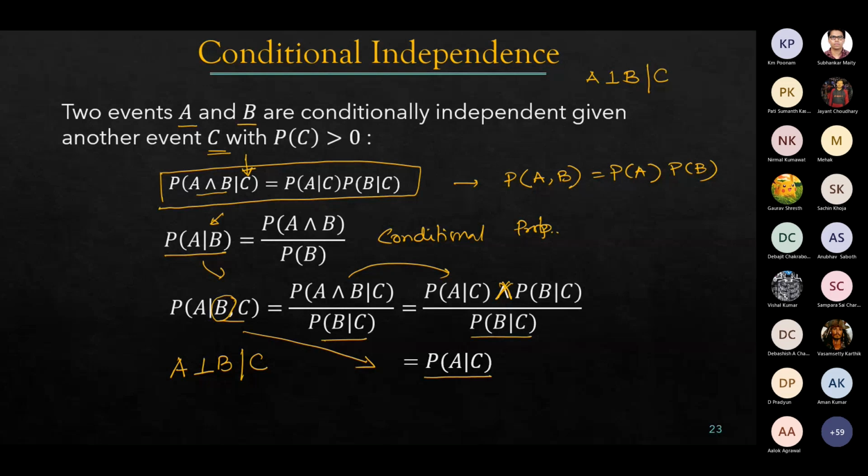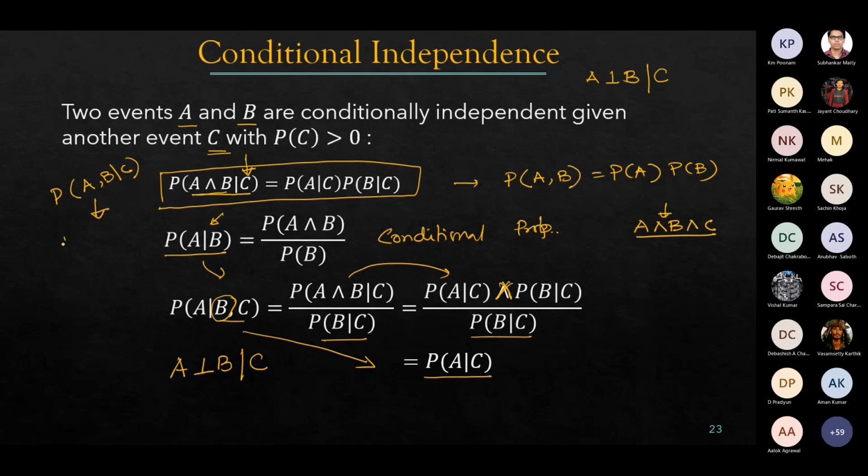Sir, here, what is that symbol? A and B given C. So we can write this in other notation, like A joint B given C. As we are talking about knowledge bases, in our knowledge base we represent different facts like A, B, and C, so we are following these formats.